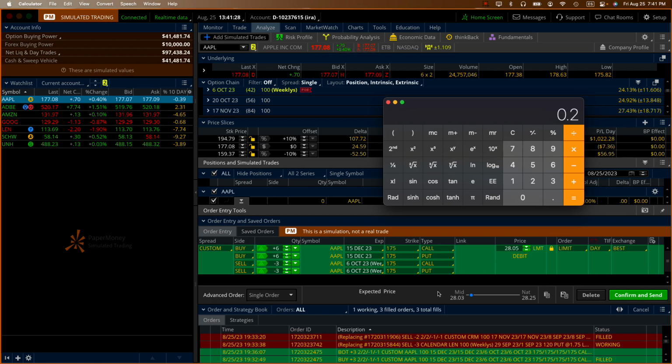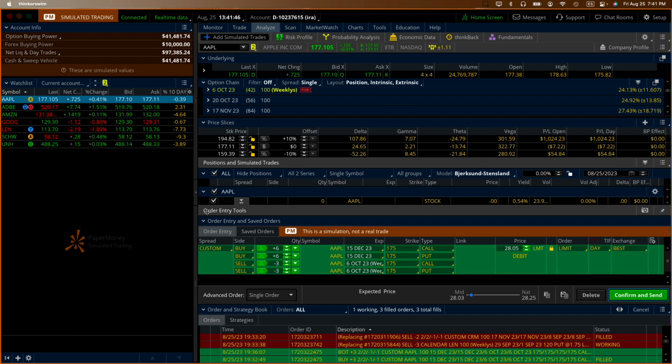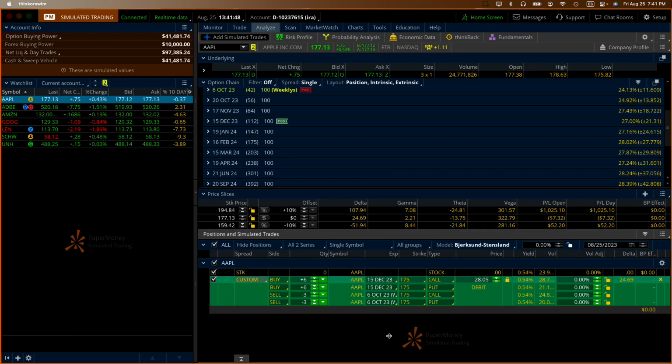The difference is 0.2 divided by 28.25, and this is as narrow a margin between mid and natural as it gets. That just means it's very liquid. It will be easy to get in and get out. Okay, and so that's a positive form of trading.